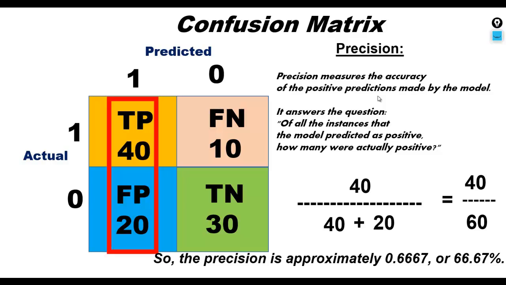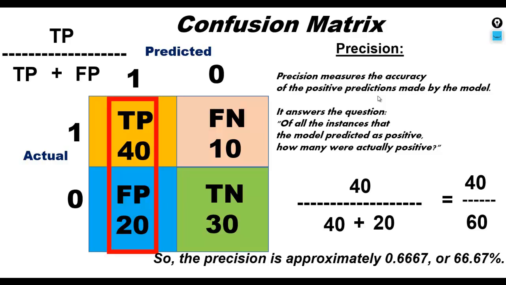Now from this knowledge, you can easily derive the equation for precision, right? Please pause this video and try to derive the equation for precision. So precision means out of all the predicted instances for the class, how many instances are correctly predicted. So TP, which is correctly predicted instances, out of all the predicted instances, TP plus FP, right?